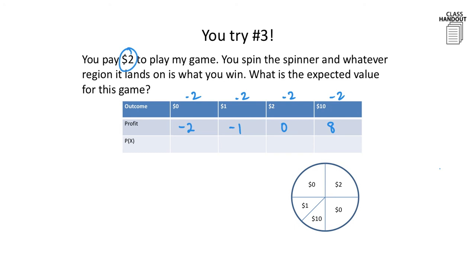So in terms of the probability, we have to take into account the different sides of each shape. Well, if we look at the 0, there's 2 quarter sections, so that's going to be a probability of 1/2. If we land on the 1, that is going to be 1/8. The 2 is going to be 1/4. And the 10 is going to be 1/8. So just to make sure, if we add these all together, they should all equal 1.